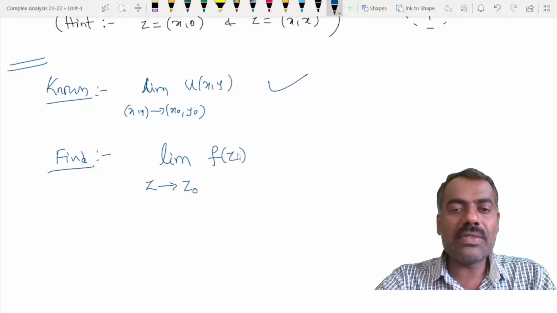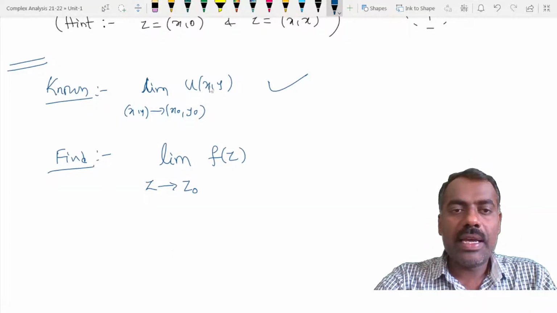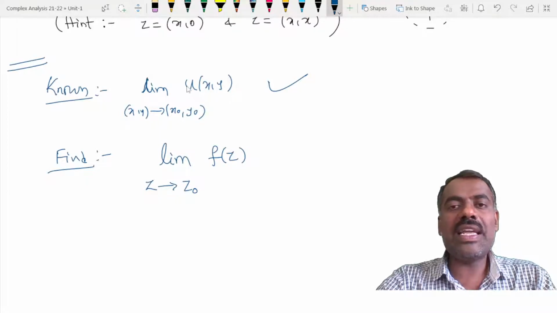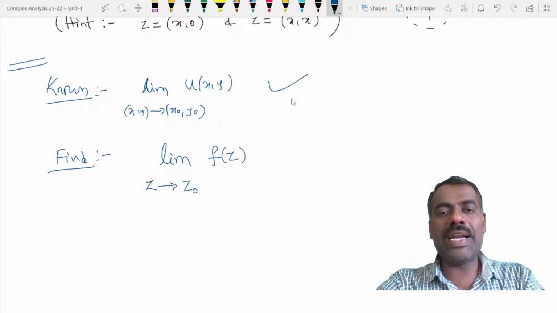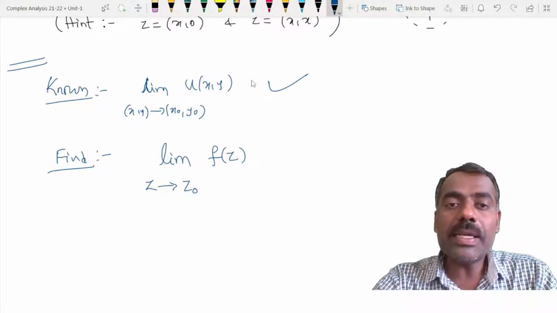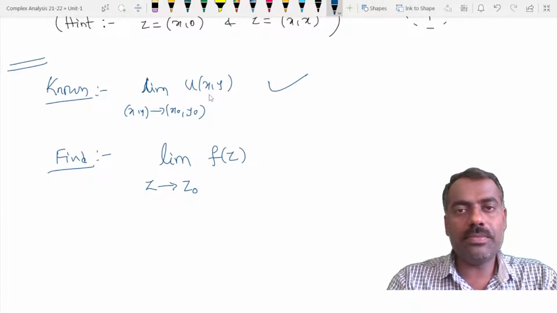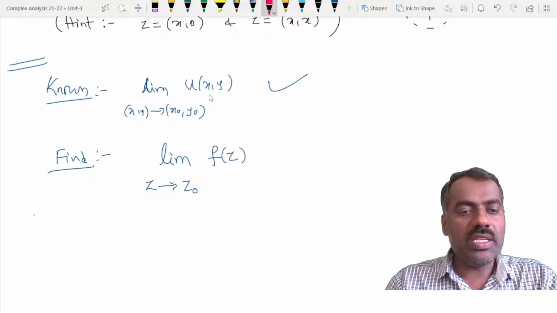So how we'll do it is, we'll try to have a connection between this limit of f of z and the limits of its real part and imaginary part, which are real valued functions. Is that clear? What is our idea? Is the statement clear?